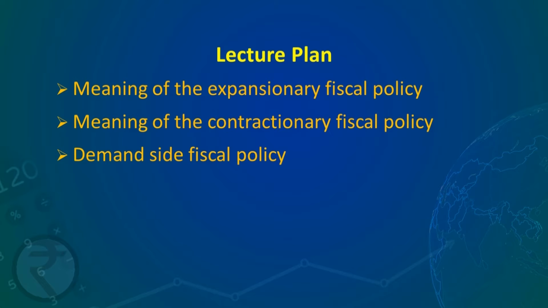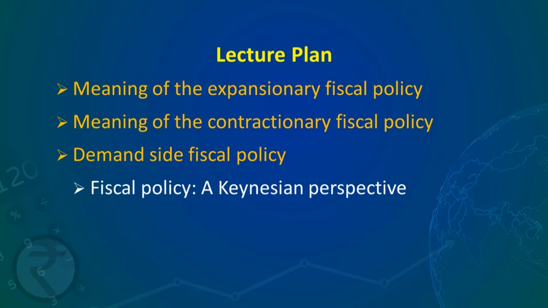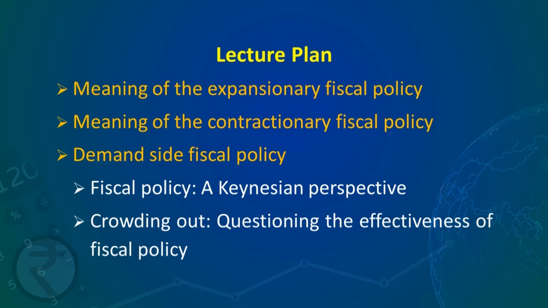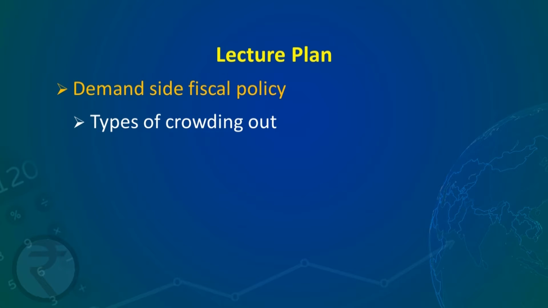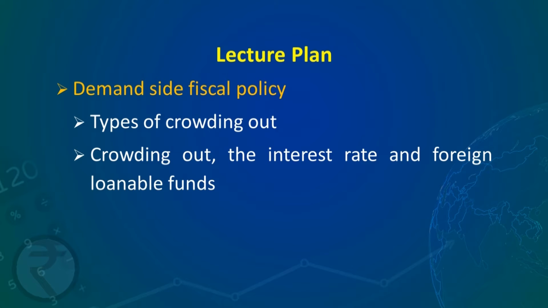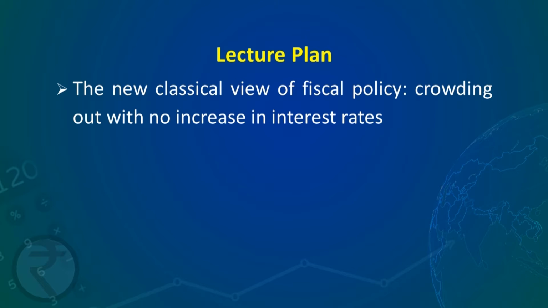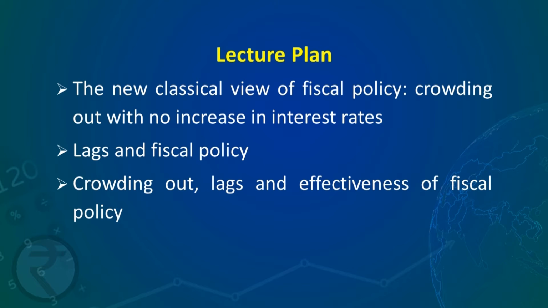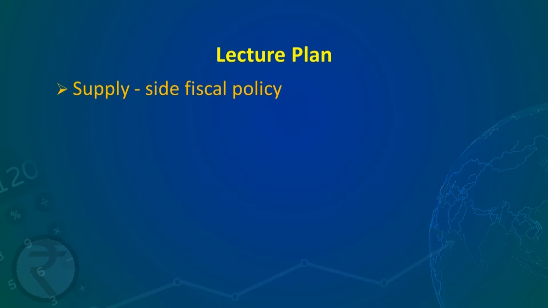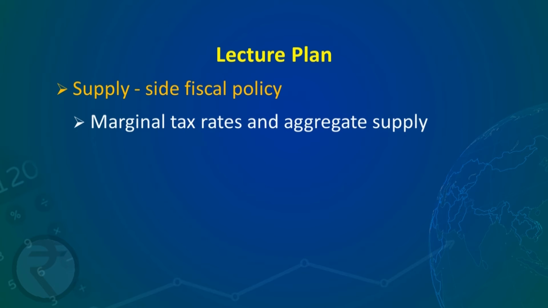In that we will discuss fiscal policy, a Keynesian perspective, crowding out, questioning the effectiveness of fiscal policy, types of crowding out, the interest rate and foreign loanable funds, the new classical view of fiscal policy, crowding out with no increase in interest rates, lags and fiscal policy, crowding out, lags and effectiveness of fiscal policy, and supply side and fiscal policy, marginal tax rates and aggregate supply.